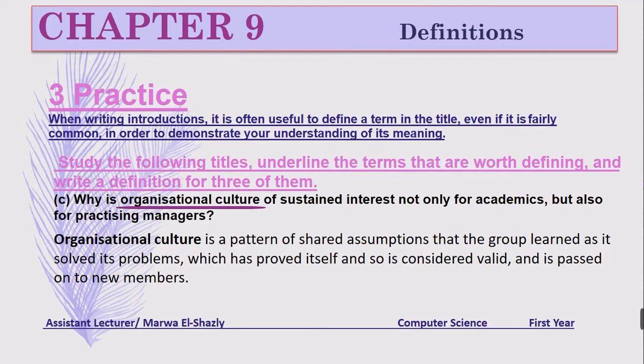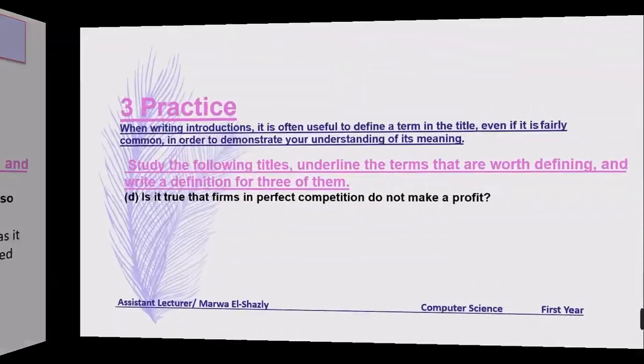Yes, next, the definition is organizational culture is a pattern of shared assumptions that the group learned as it solves its problems, which has proved itself, and so is considered valid and is passed on to new members. So organizational culture means الثقافة المؤسسية.